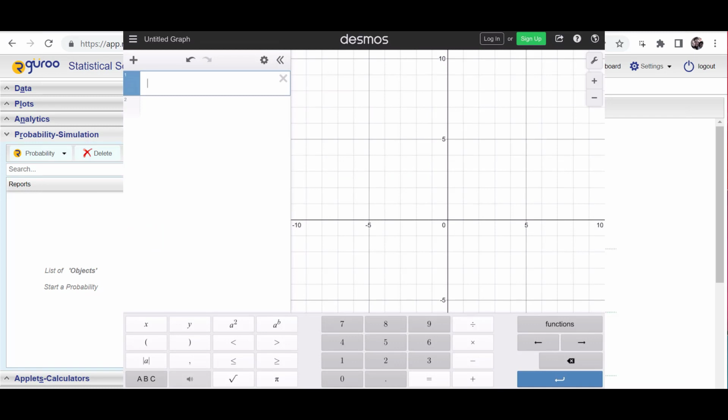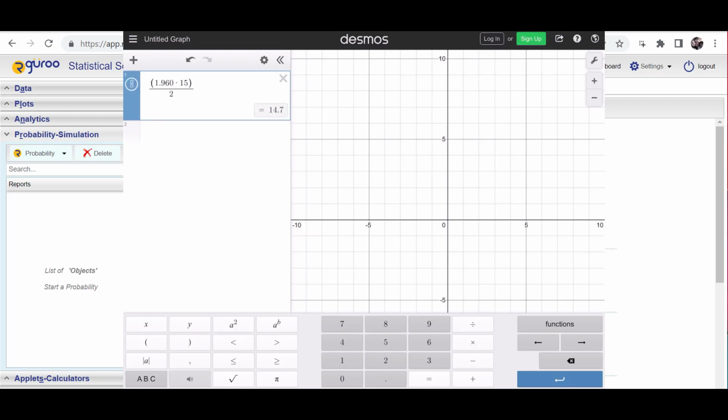All right, so what I would do is I would do Desmos, I would do parentheses 1.960 times 15, divided by 2.